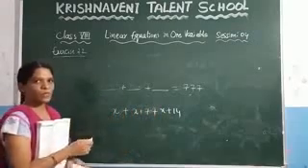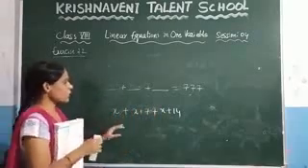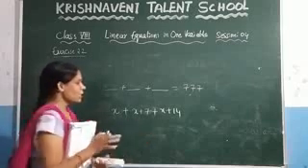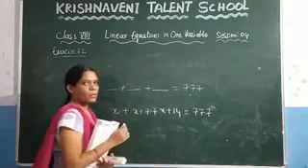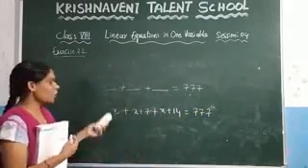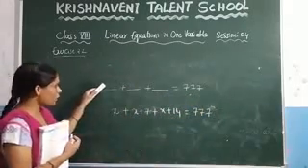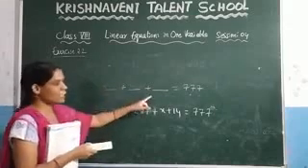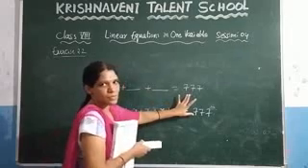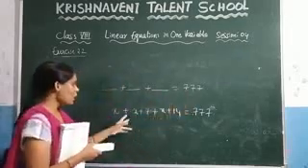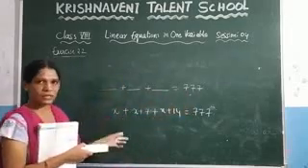According to the question, the sum of the consecutive multiples of 7 is equal to 777. After solving this one, you can find the value of x.